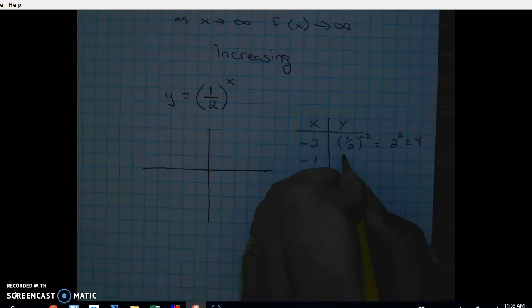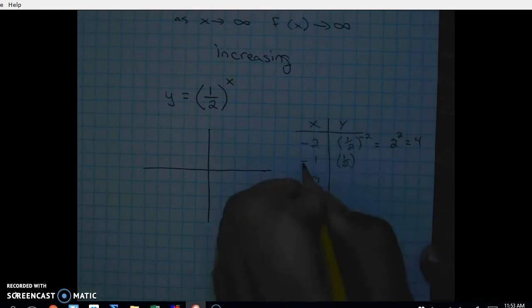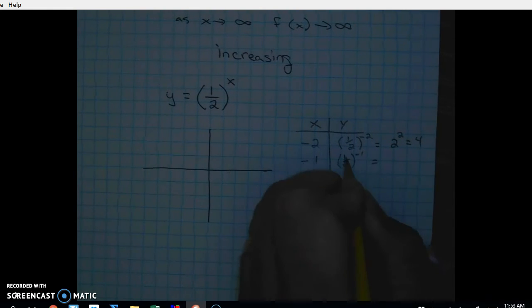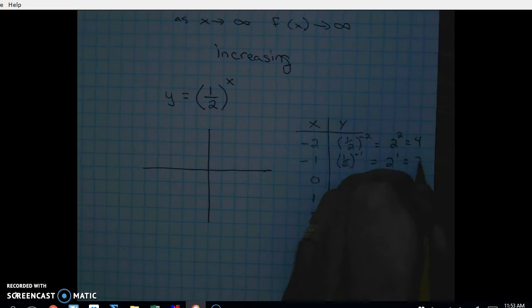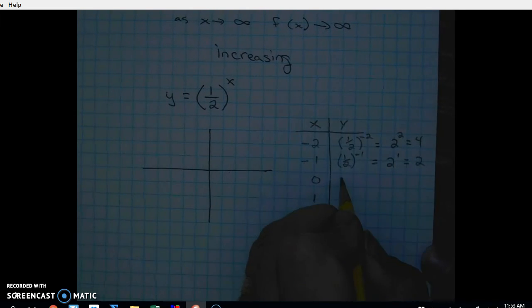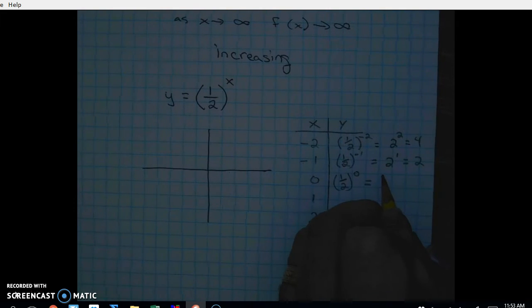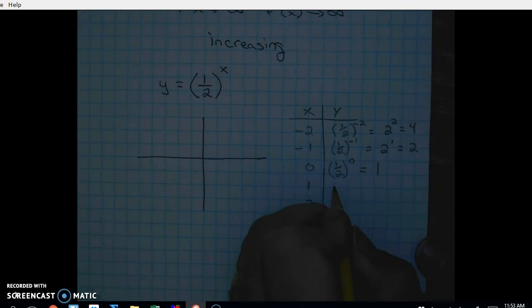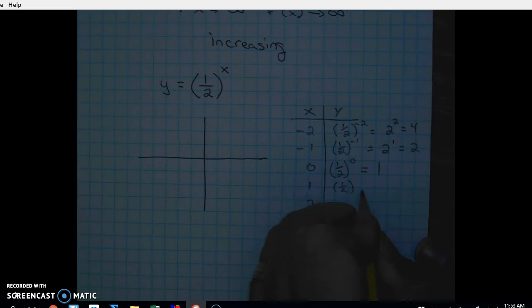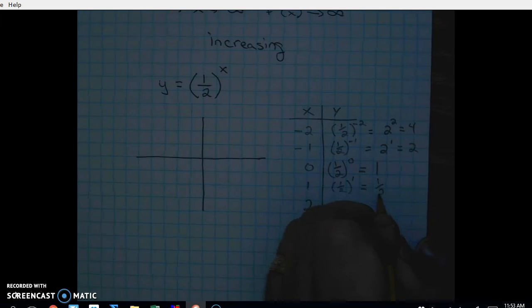Okay? So 1/2 to the negative 1 power. Flipping it over, we get 2 to the first power. Okay, 1/2 to the 0 power, which we all know is 1. 1/2 to the first power, which is 1/2.